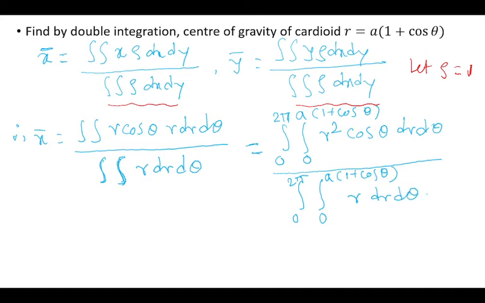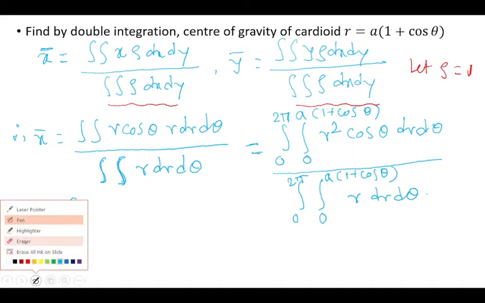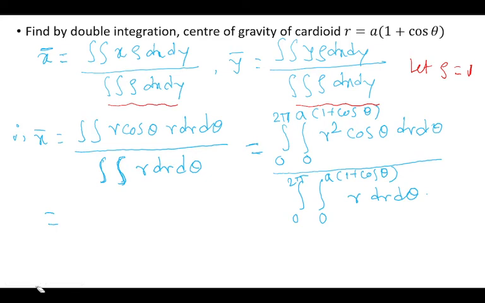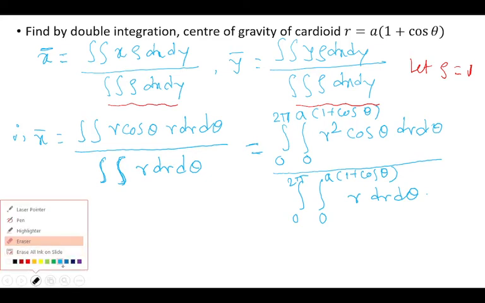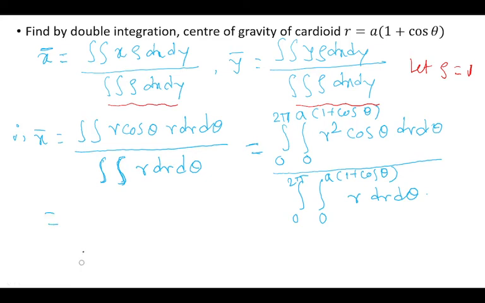So the next step I will do here. We cannot integrate the outer limits 0 to 2 pi separately in one go, because the inner limits are not constant.